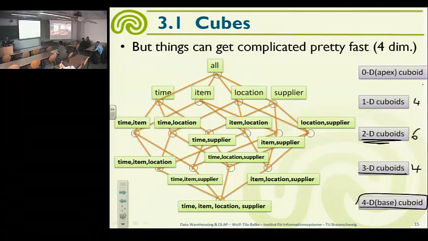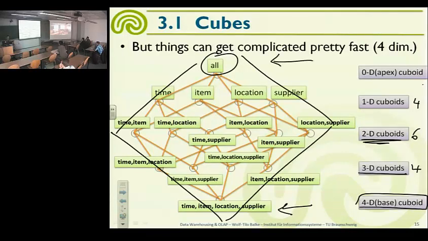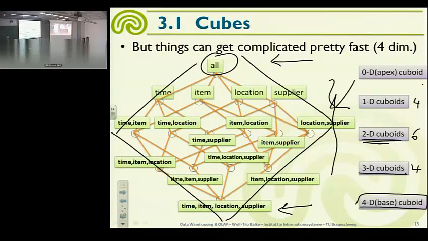At the 1D you go back to 4, and then you reach the apex, and that's all. So it has some kind of diamond-shaped structure, where you start off with the base cuboid, and then as the number of dimensions increases, this middle area will arbitrarily increase in size in a rather binomial fashion. So the assumption here with the cube model is that you build all of these aggregates. However, depending on the queries that you get, you might not use all of these aggregates.